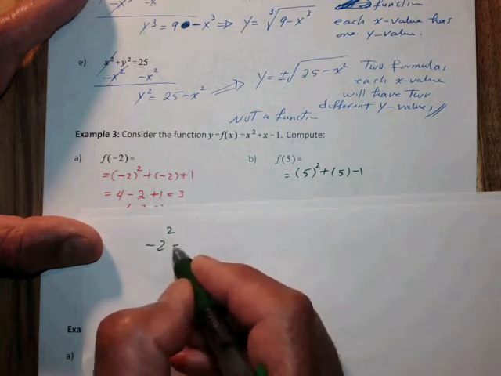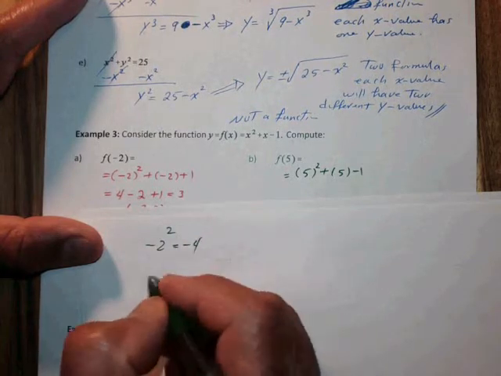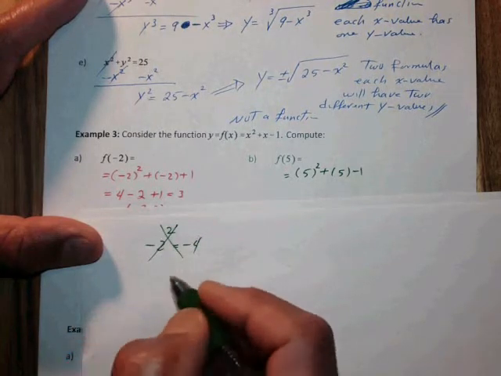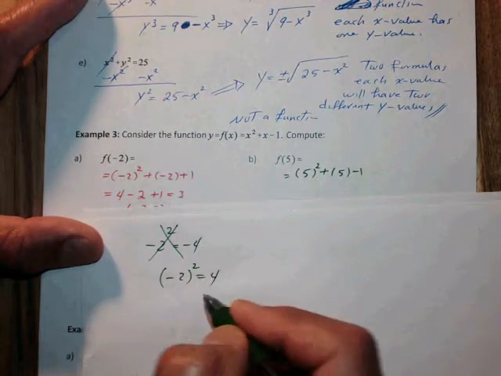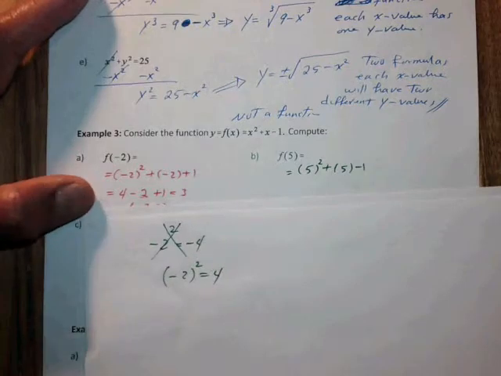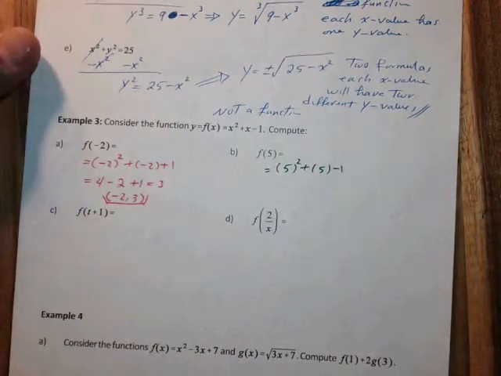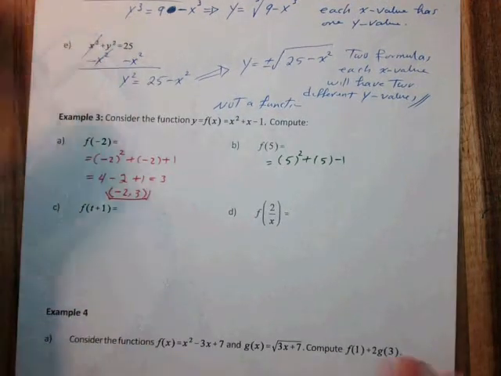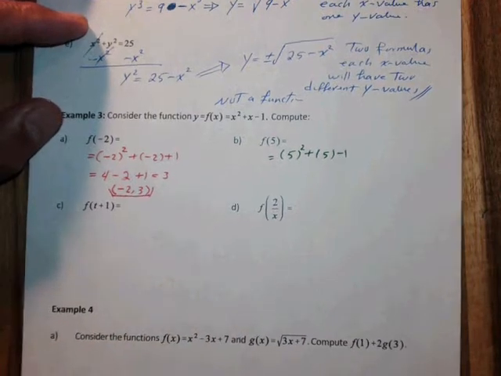If you type it like this in your calculator, you get negative 4, which is wrong. What I need is parentheses, negative 2, all of it squared, which will give you 4, and that's what we want. So every time you are substituting x or any other variable by a number, first use parentheses, in order to avoid this kind of errors.